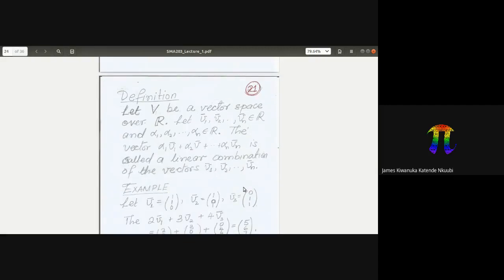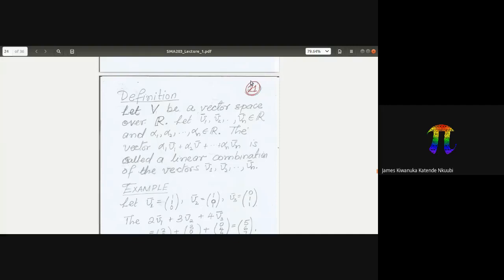So this is a definition of a linear combination. If you have a vector space V over R, and let v1, v2 up to vn be vectors in R, it should be Rn, sorry. These should be vectors in Rn.